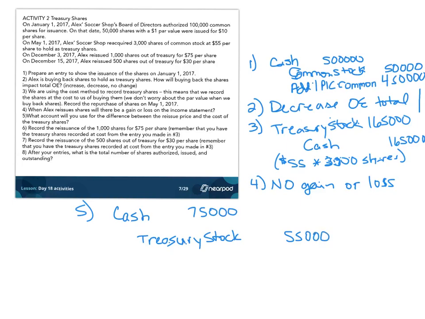My journal entry doesn't balance. I'm going to use an account. Oh, we skipped that question. We're going to use an account called Paid in Capital Share Repurchase. But there it is for the difference. So that's $20,000 at this point.